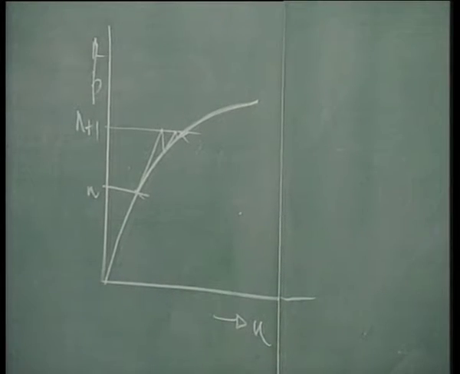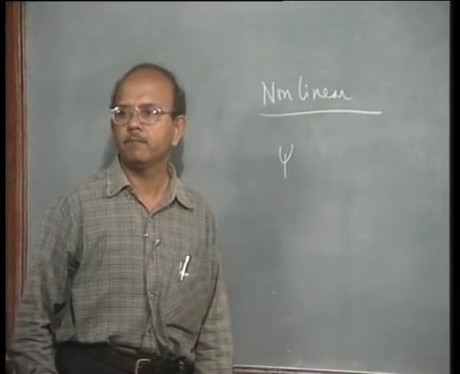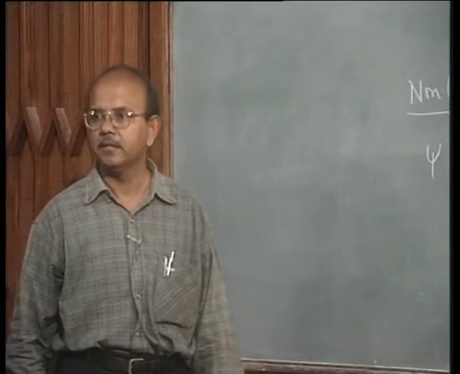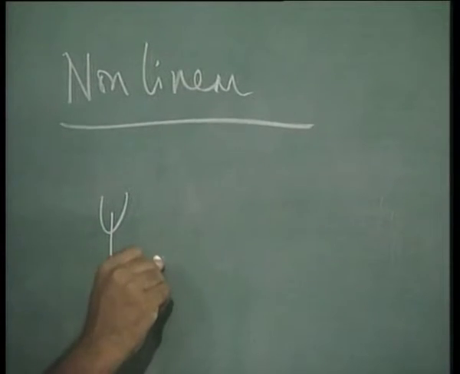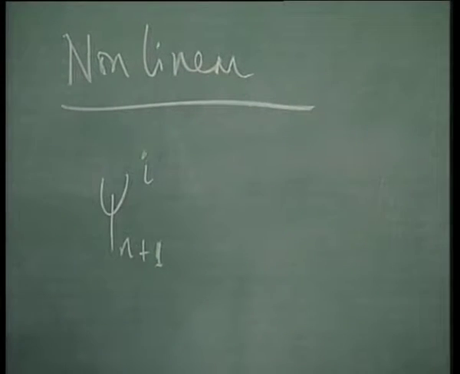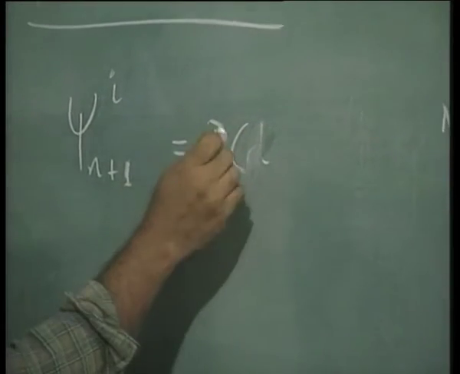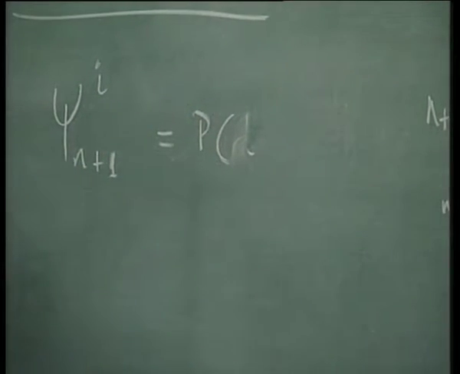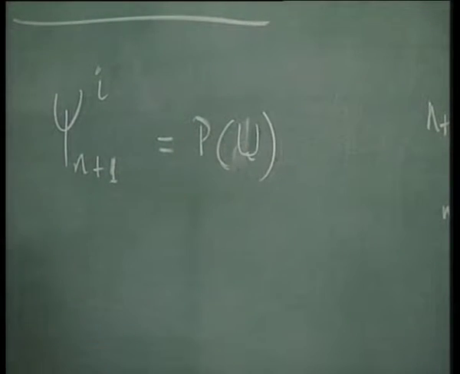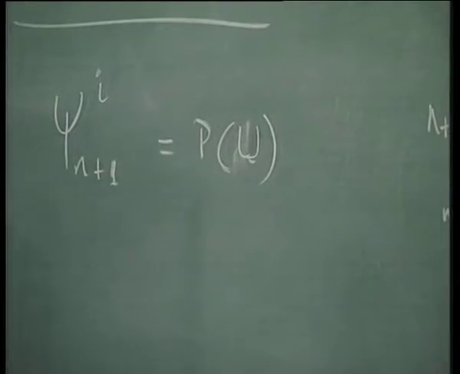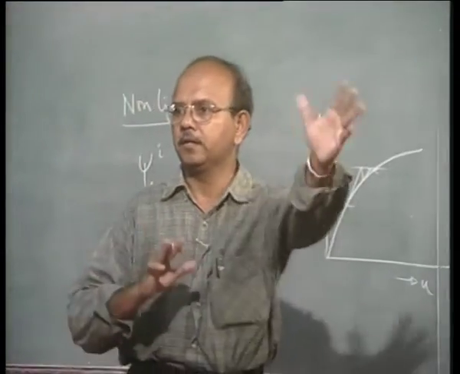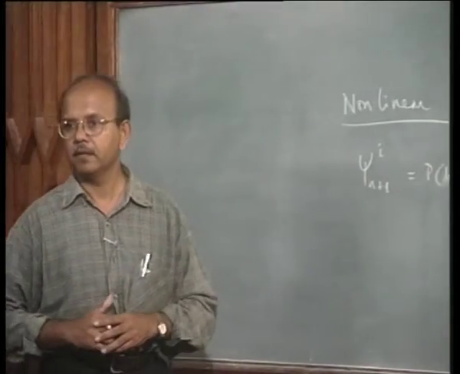Putting it mathematically, I can say that the error psi at n plus 1, at an iteration I, is equal to some internal loads, which is a function of the displacements, capital U. Long ago we used the vector U for the complete degrees of freedom.